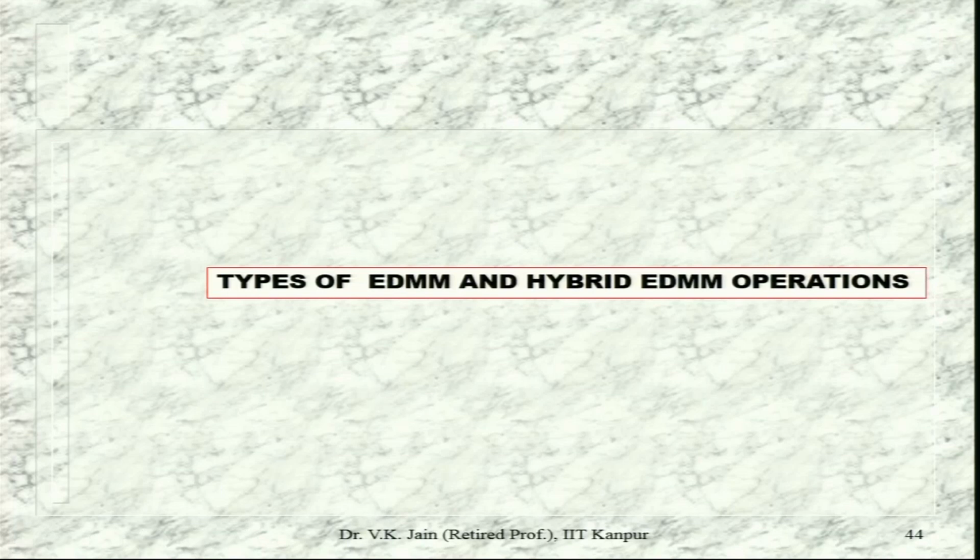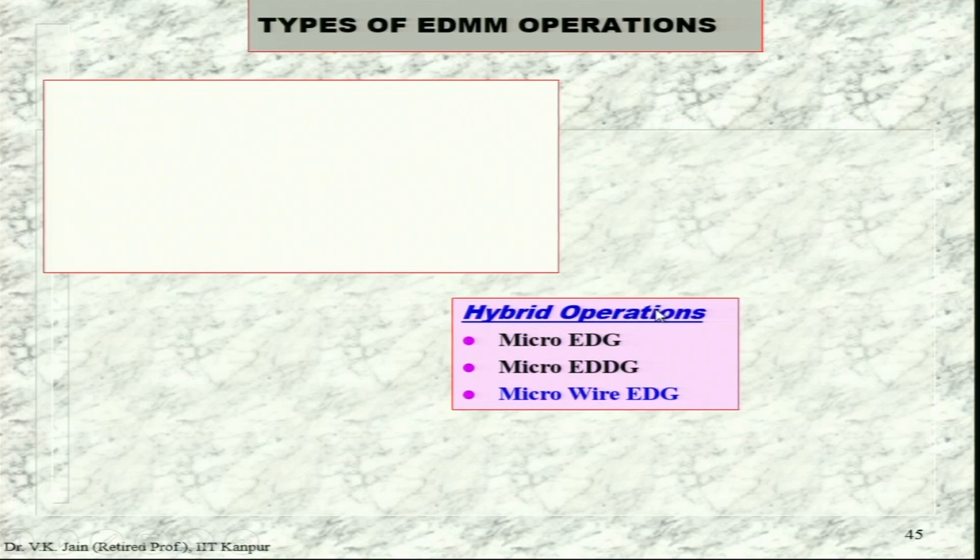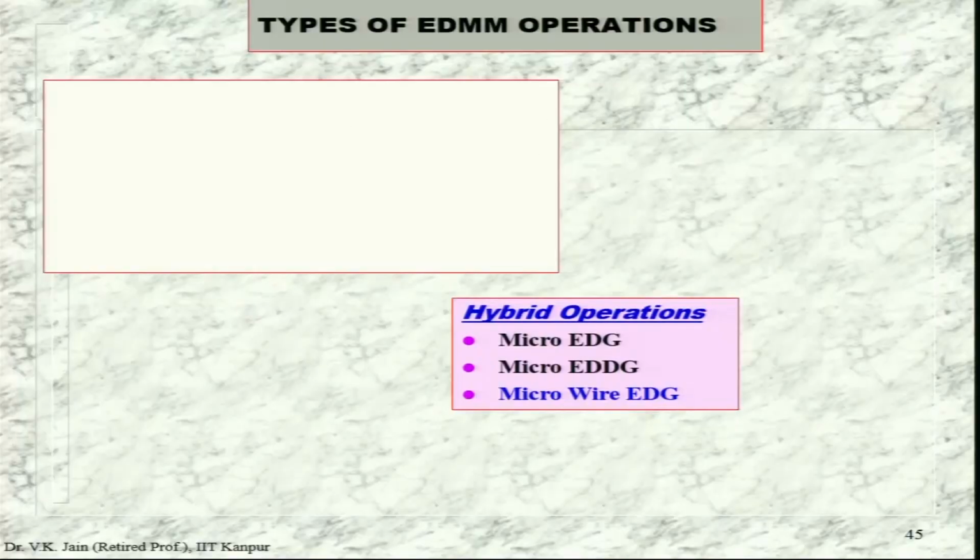Types of EDMM and hybrid EDMM operations. Now you can see here hybrid, I hope you understand it, where two or more processes are combined together to make a single process to take the advantages of the constituent processes. Say for example, micro EDG, electric discharge machining and grinding, both processes are combined together to take the advantage of EDM as well as grinding.